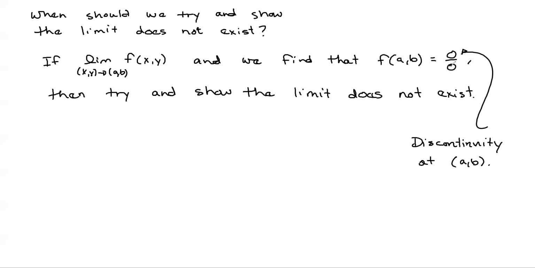If we had a 0 in the denominator and did not have a 0 in the numerator, then clearly the limit would not exist. But if we have a 0 in the numerator and a 0 in the denominator, that's the discontinuity case where you could hypothetically have things still end up working out. So that's really what's happening there: we're asked to calculate a limit and we have a situation where there's a discontinuity, then we try and show that the limit does not exist.